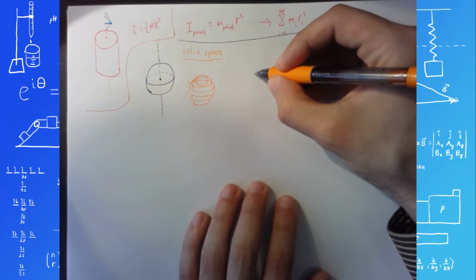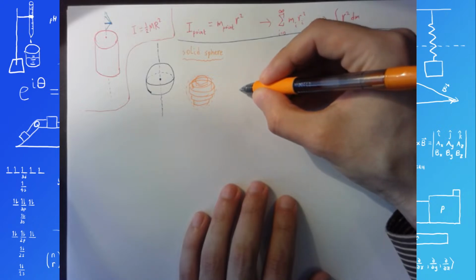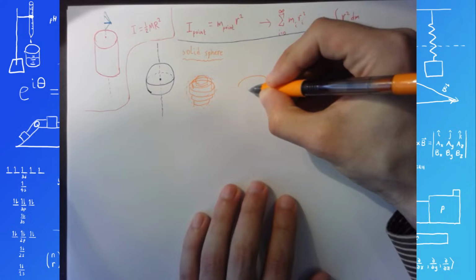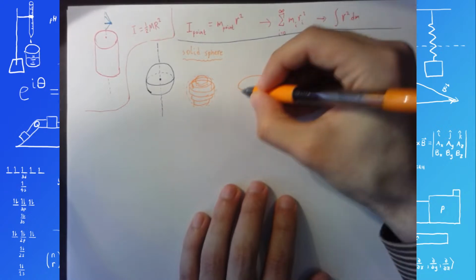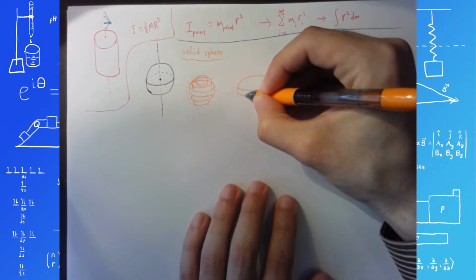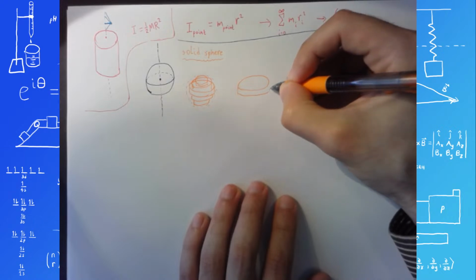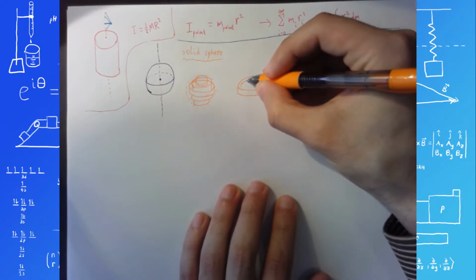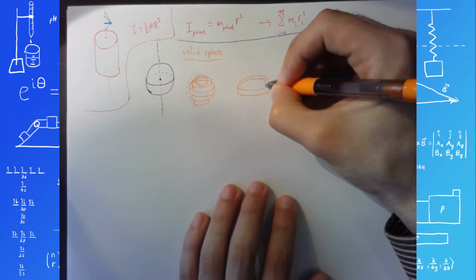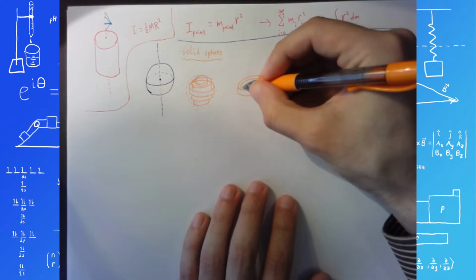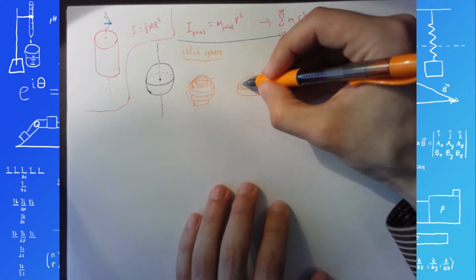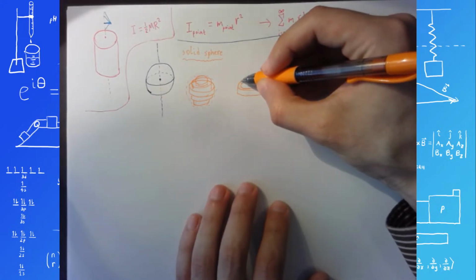I guess I would want to start with the outermost shell, which is going to be this, and then give it a little bit of, there we go. So that's one cylindrical shell, and then the next one will be a little bit taller.